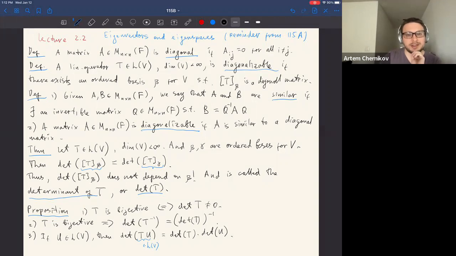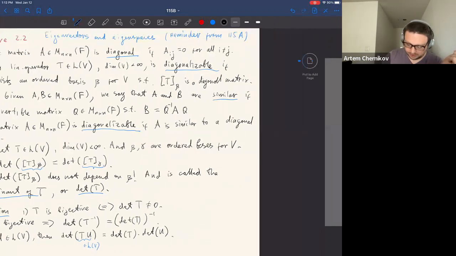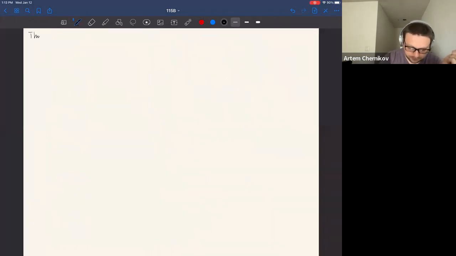Now we can connect diagonalizability for linear transformations and for their matrices. So this is the next theorem from 115a.